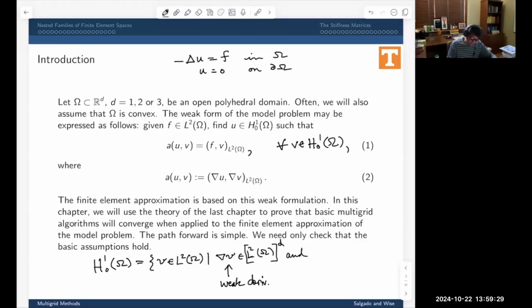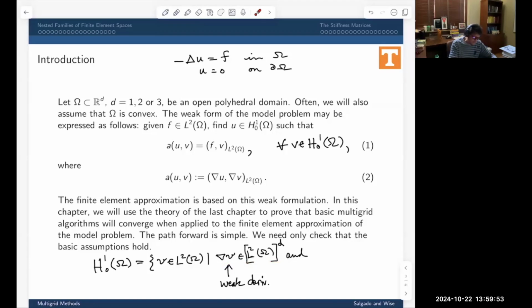And by the way, I should say this means that the weak derivative exists and is an L2 function. So there's a bunch of words here: the weak derivative exists and is an element of L2. I'm skipping over the exists part, and I'm just saying the weak derivative is an element of L2.